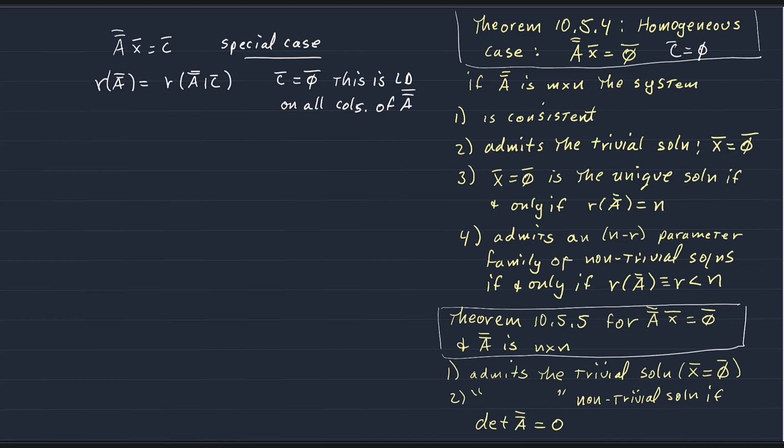So we know the rank of A is equal to the rank of the augmented matrix, and so we know that the system is consistent from the previous theorem. And we know for sure it admits the solution x equals 0. The 0 vector is a solution, and this is the trivial solution.